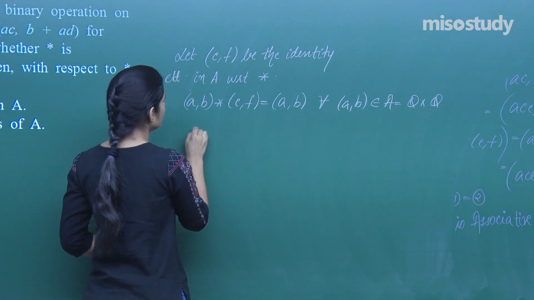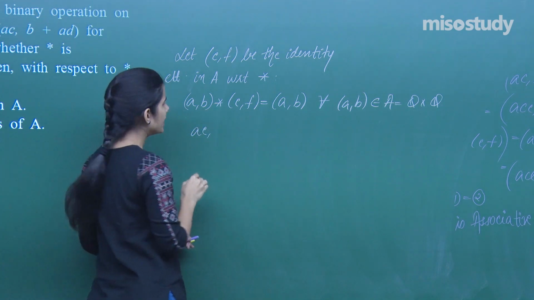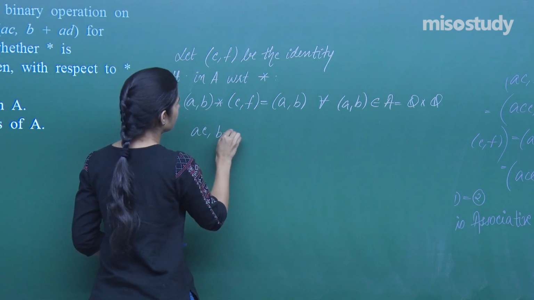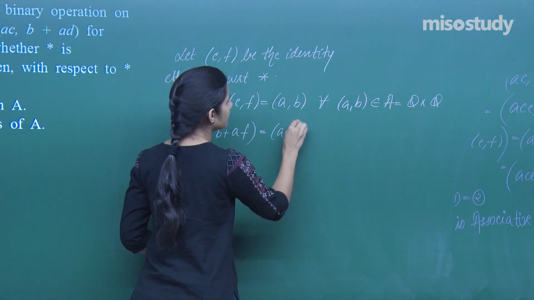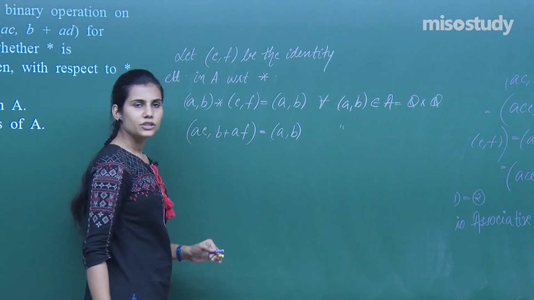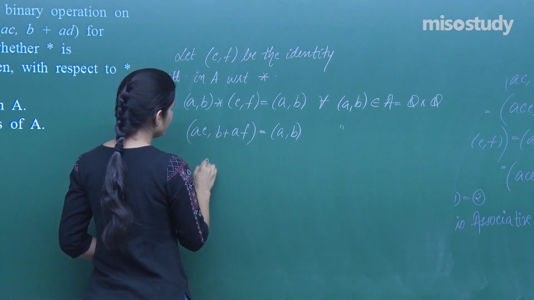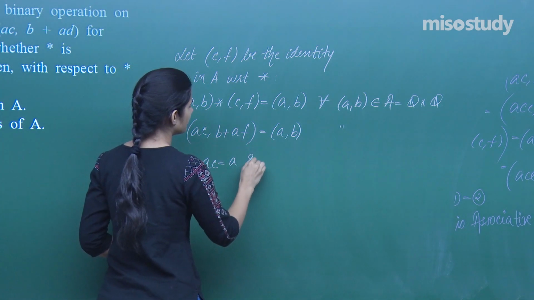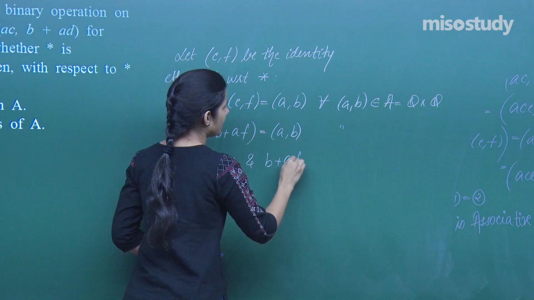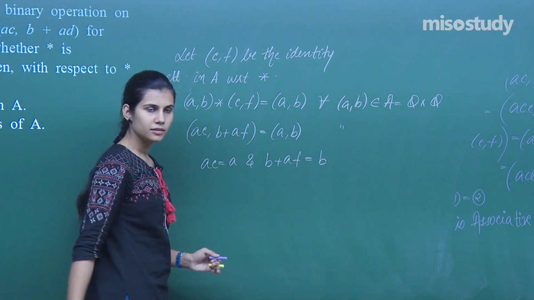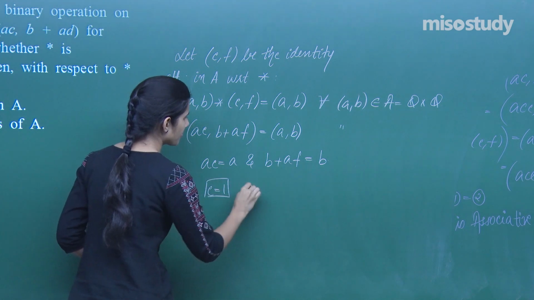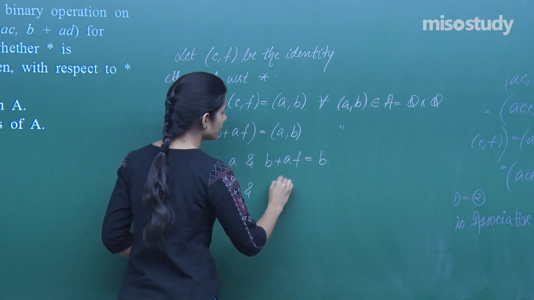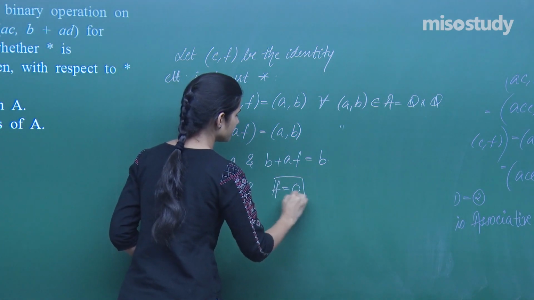What is this? According to the definition, (ae, b + af) is equal to (a, b) for all (a, b) in Q cross Q. If you compare, you get ae equals a and b + af equals b. ae equals a means e is 1, and af equals 0, so f equals 0.